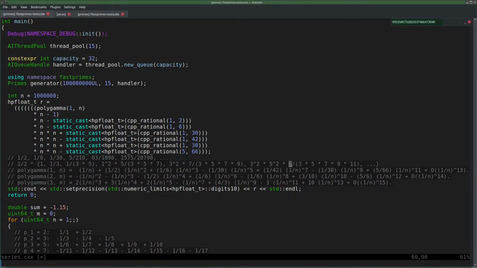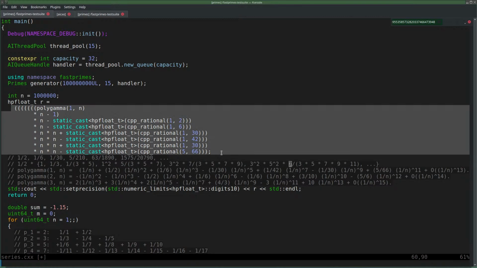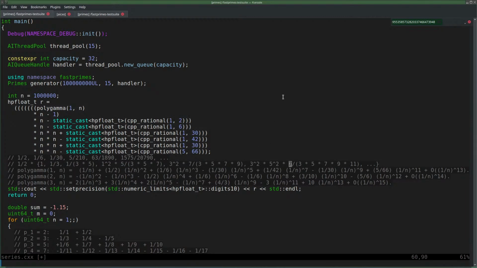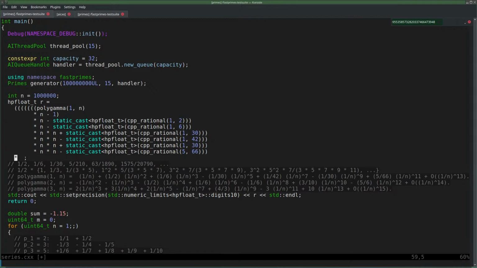Actually, I think I can calculate one more. If you do this thing here, and we multiply that by n squared, then I have in total 1, 2, 3, 4, 5, 6, 7, 8, 9, 10, 11, 12, 13 n's.